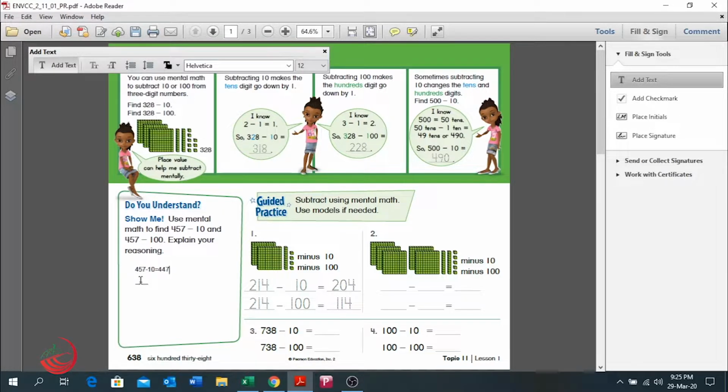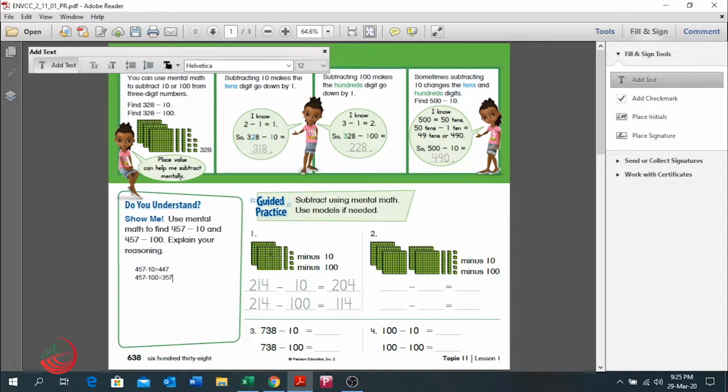So 447. 457 minus 100 equals, we're going to subtract the hundreds digit. So 4 minus 1 equals 3. So 357. Like that.